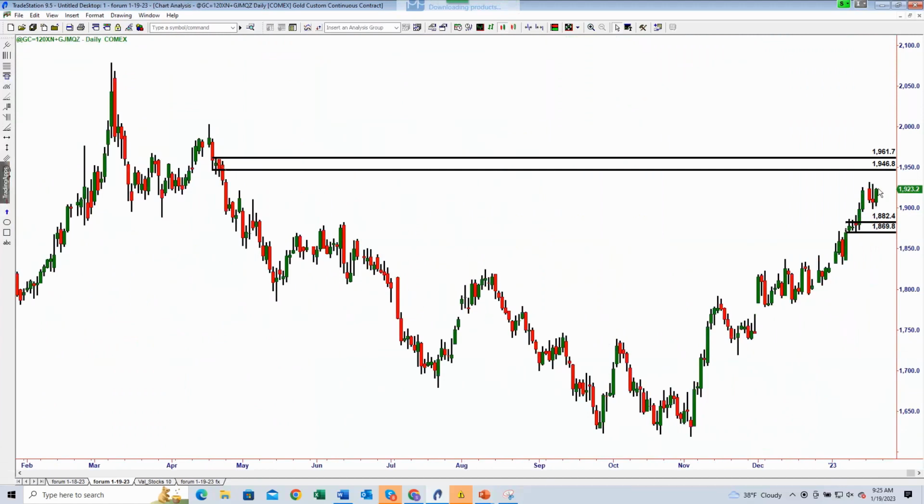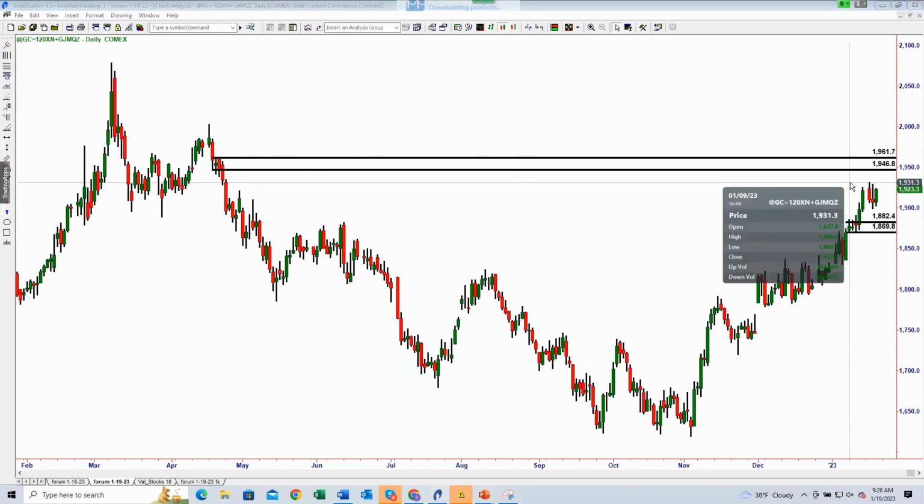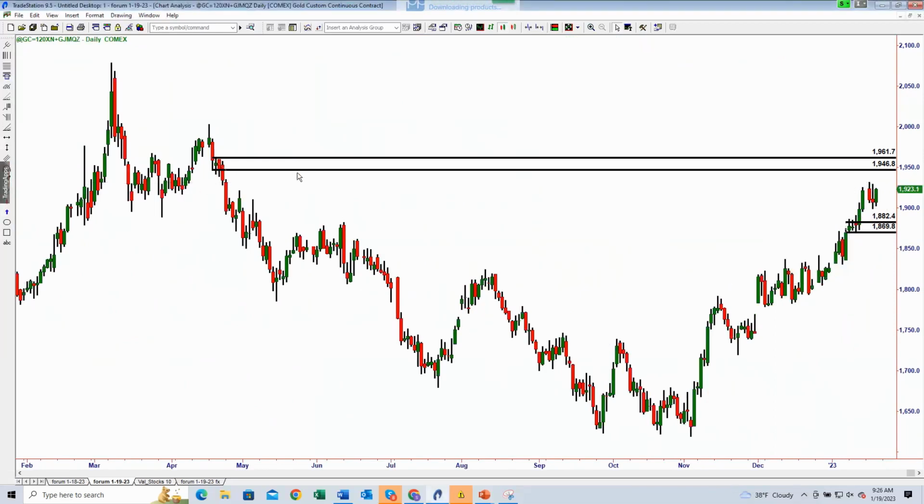We see the last 4 or 5 days, we're just in this range here. We see above that, yes, we have the 1931. That's a supply zone on a smaller time frame, but above that, there's the 1947 supply and the 1882 demand.